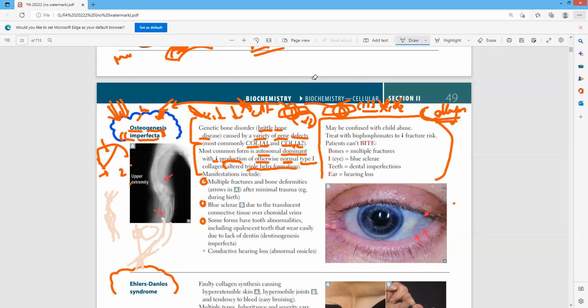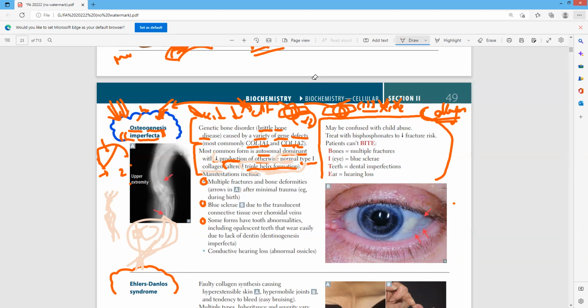So there will be disrupted triple helix formation. You can conclude that this affects type 1 collagen and decreases the production of otherwise normal, healthy collagen.